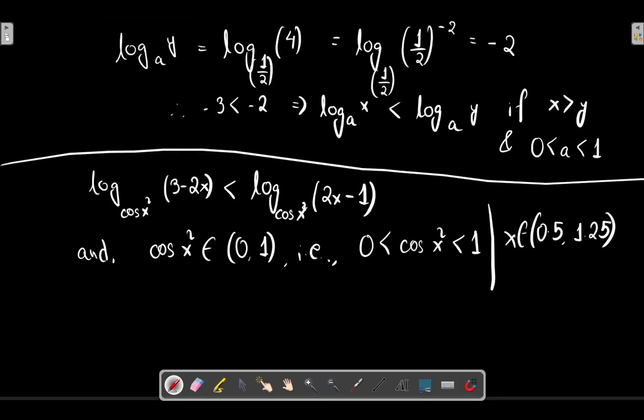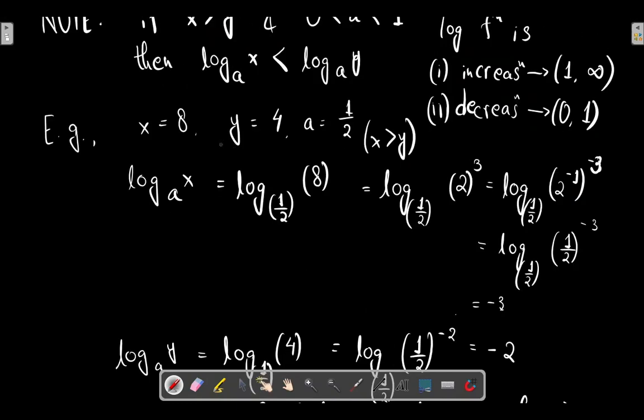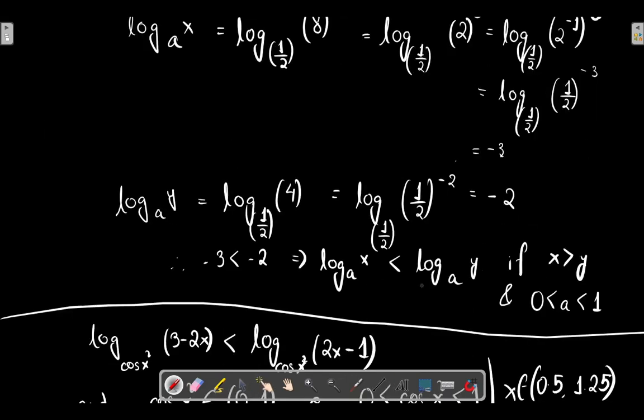Now again, since the base is between 0 and 1, and we are given log y is less than log x, this implies that x has to be greater than y. Let's say this is y, this is x. So if this log is less than this log, and the base is between 0 and 1, the inequality will change, that is, 3 minus 2x will become greater than 2x minus 1, like I have shown you here in the example. 8 was greater than 4, but if you take the base to be half, between 0 and 1, this changes: log y becomes greater than log x.